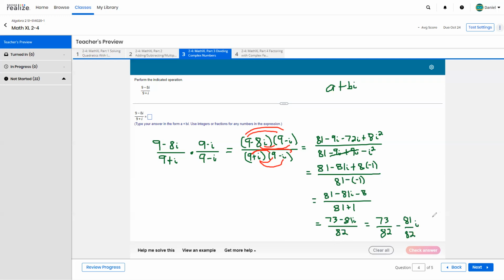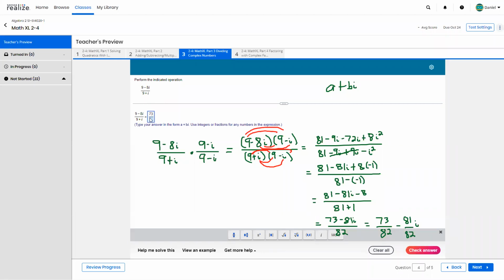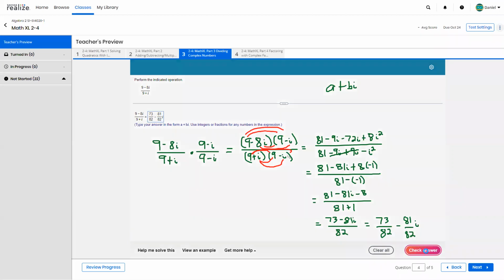We can't reduce those fractions, so that's going to be our final answer. If we could reduce those fractions, we would want to reduce them. But we should have 73 divided by 82 minus 81 divided by 82, and then i. Okay, and we did it right.